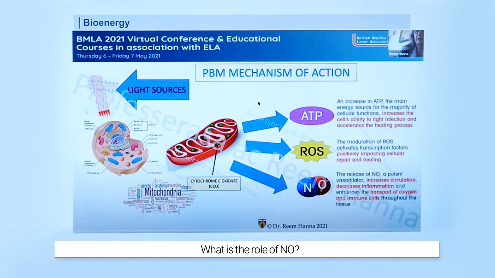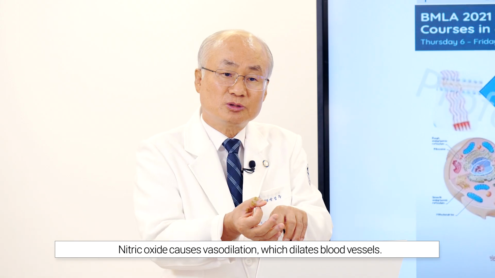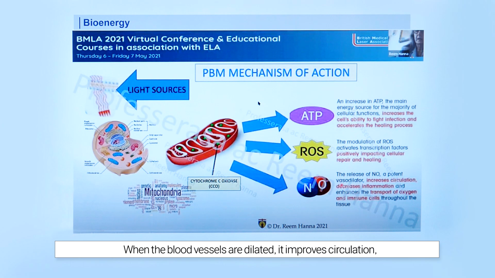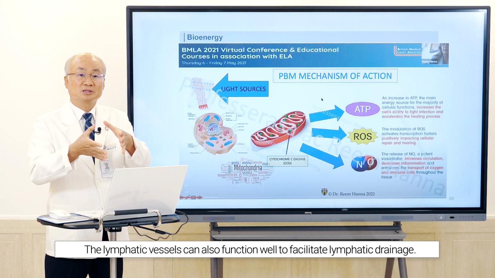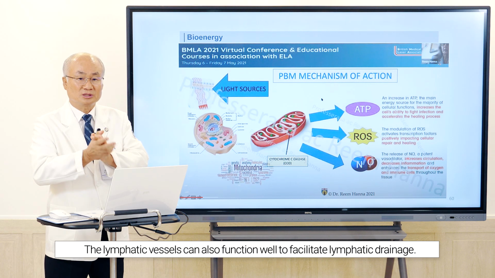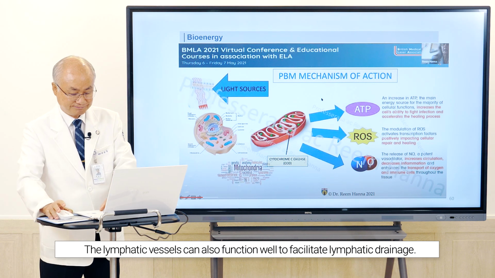What's the role of NO, nitric oxide? That is vasodilatation. The blood vessels will be dilated. Once blood vessels are dilated, it will increase circulation and decrease inflammation. Oxygen and immune cells will also be transported better. Also, lymphatic vessels can function well for lymphatic drainage.